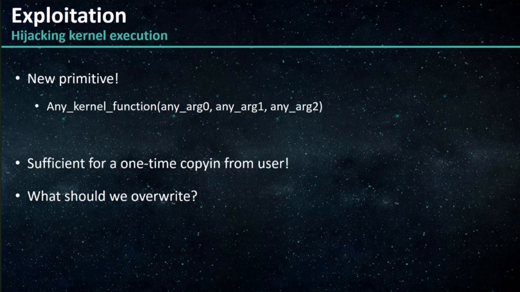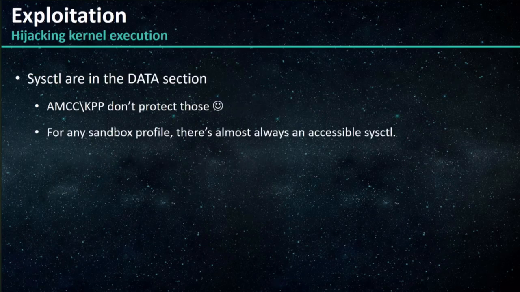But what Apple didn't protect is sysctls. The reason sysctls are not protected is that they are dynamically loaded, and therefore they cannot be static. They cannot be read-only. That's why there are function pointers which Apple did not protect, and we can override them.